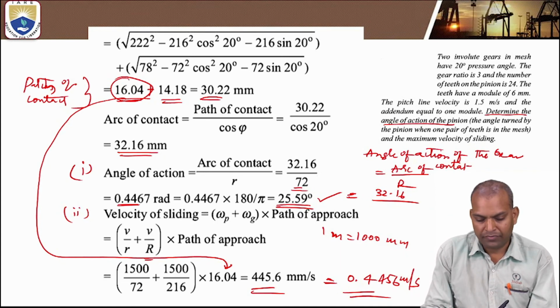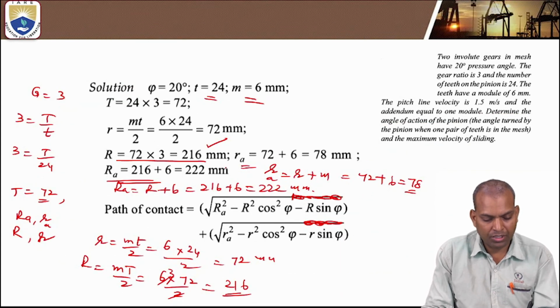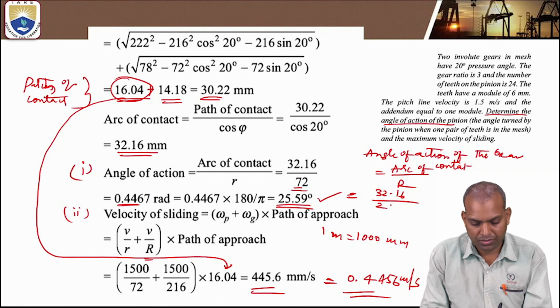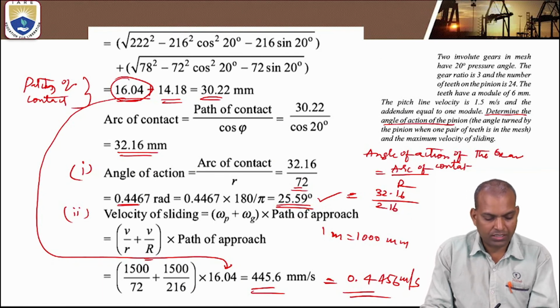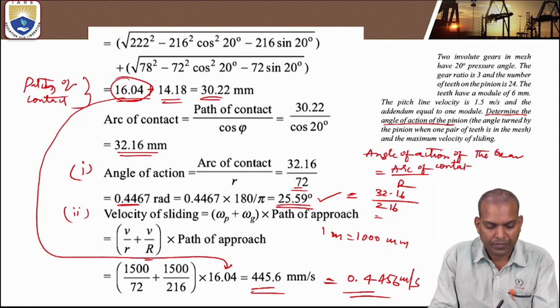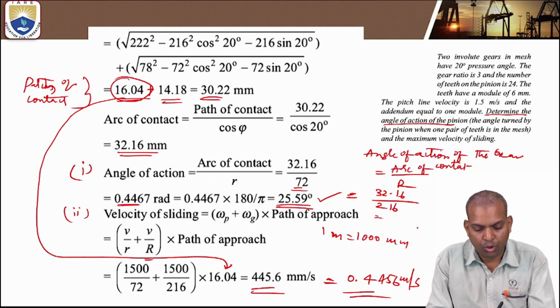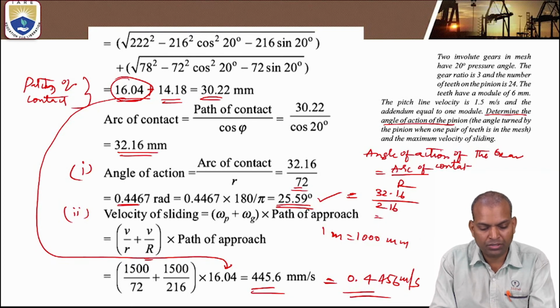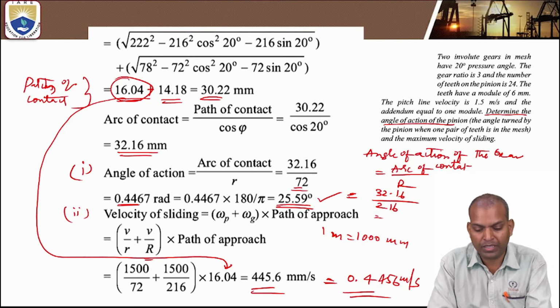The arc of contact is 32.16, and the pitch circle radius of the gear, capital R, we calculated as 216 millimeters. If you convert that into degrees, it becomes a lower value in comparison to the angle of action of the pinion.